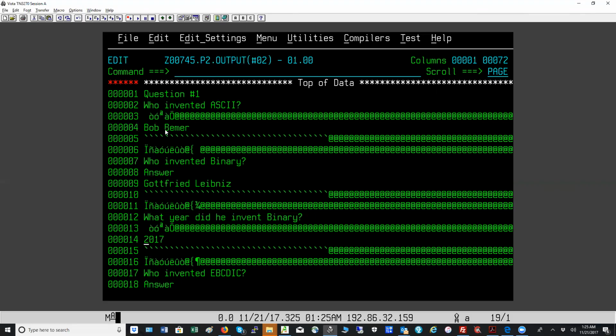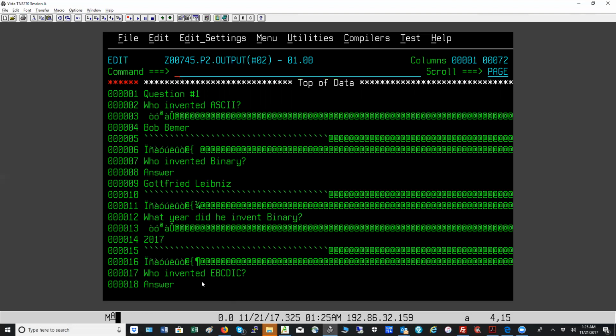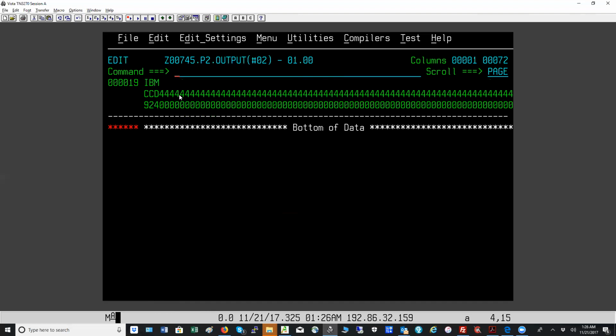And for question 4, a little more involved. Who invented EBCDIC? If you see line 17, who invented EBCDIC, and if I reset there, you'll see IBM in line 19. The answer is IBM.